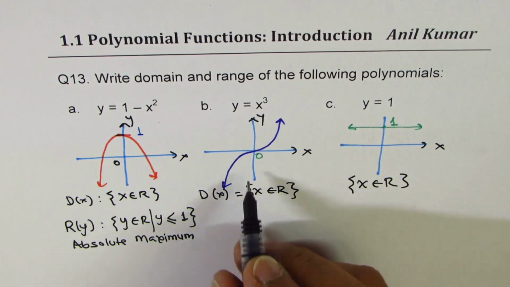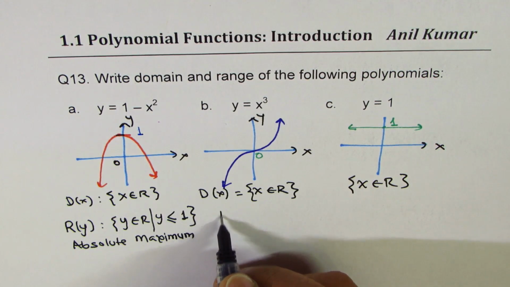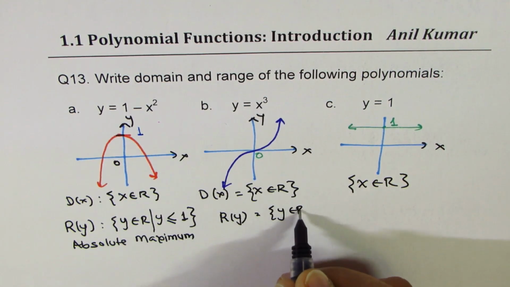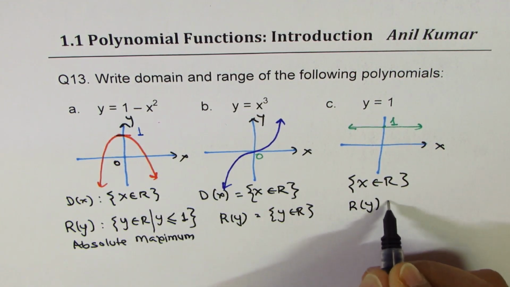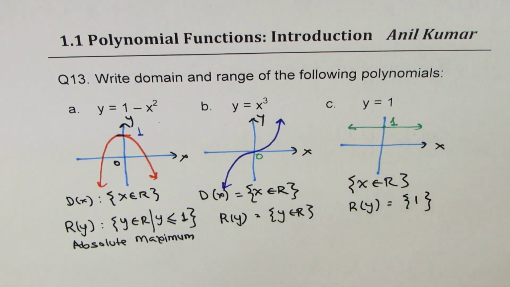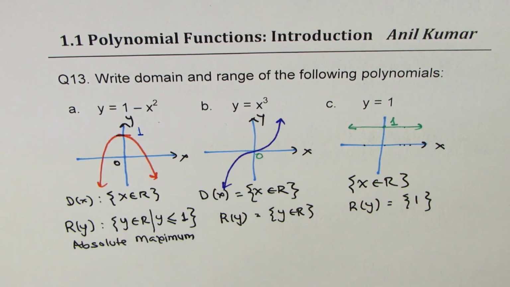In this case, y is going from negative infinity to positive infinity, and therefore the range is all real numbers, right? However, in the last case, the range is only 1, so it is just one value, 1. All x values are mapped with one value, y. Perfect. So that is still a function, and it's a very special polynomial.